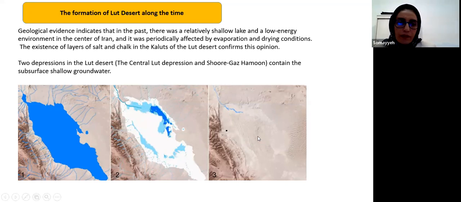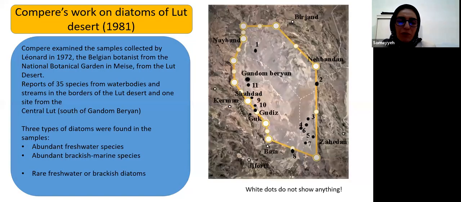Now, at present, we have two depressions in the Lut. One is in the central depression and one is in south of the Lut, called Shure Gas Hamun. Both have shallow groundwater that may link us to the evolution formation of Lut. So the only work that has been done in Lut is done by Comperé.